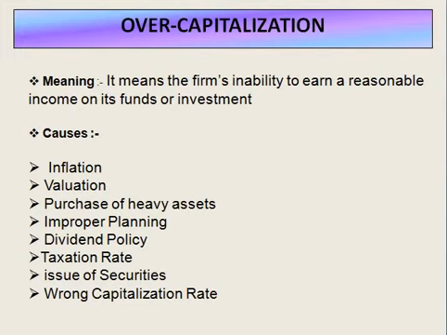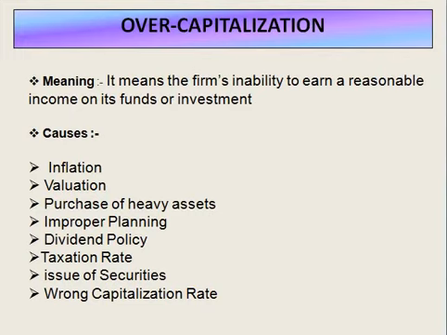Now the third factor is purchase of heavy assets. The company might have spent a huge amount during its formation stage, or a large amount for the purchase of intangible assets.